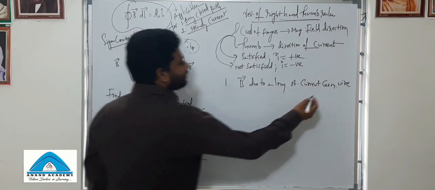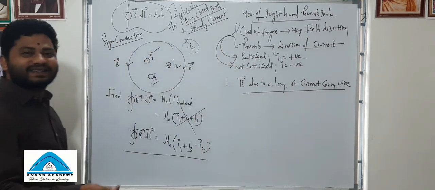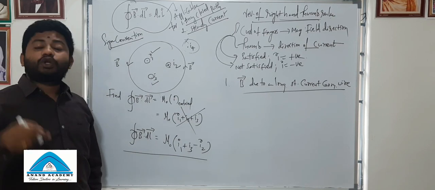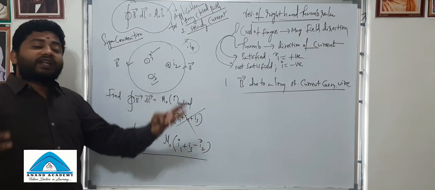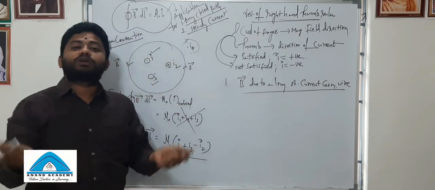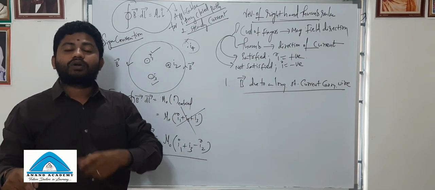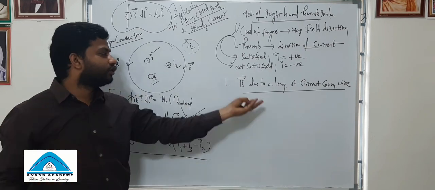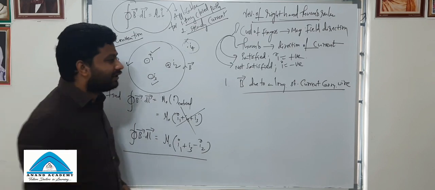About this we will be discussing now. Before that, you may ask me, sir, we already discussed B bar due to a long straight current carrying wire by using Biot-Savart law. What was that expression?